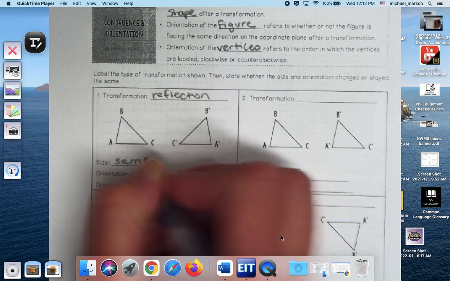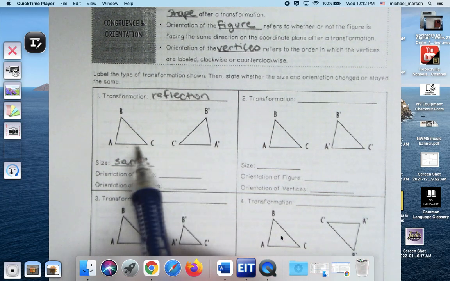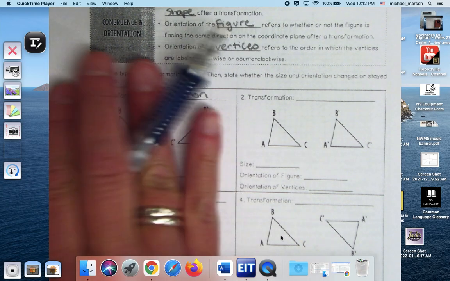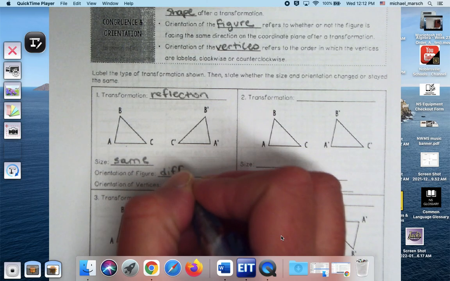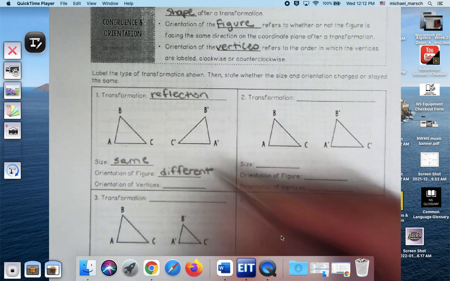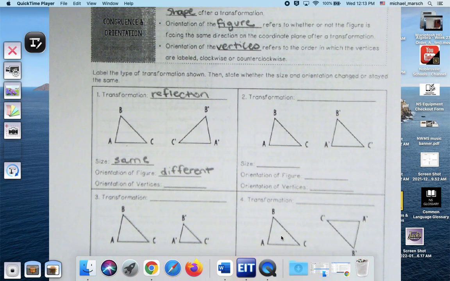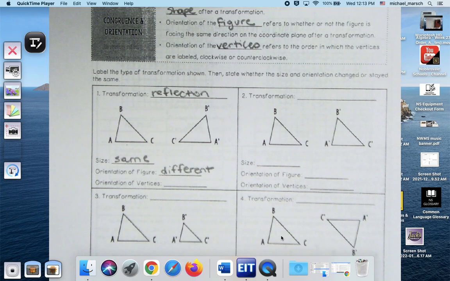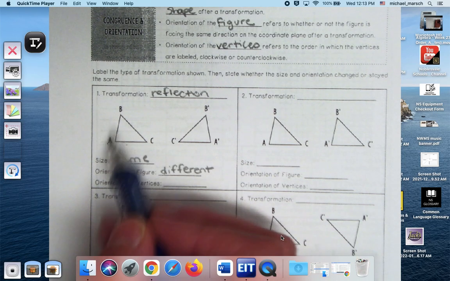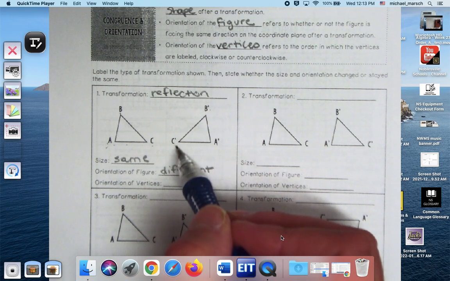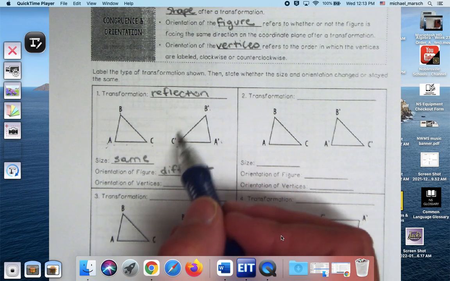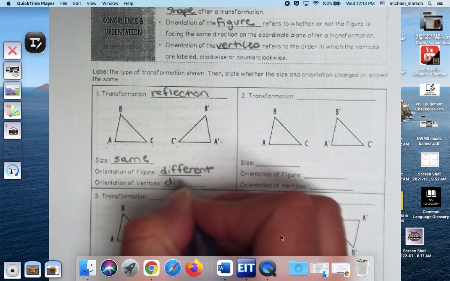No. But the orientation of the figure did, because now it's facing a different direction. So this would be different. And then the orientation of the vertices is different because this goes A, B, C clockwise, and this goes A prime, B prime, C prime counterclockwise. So that's going to be different as well.